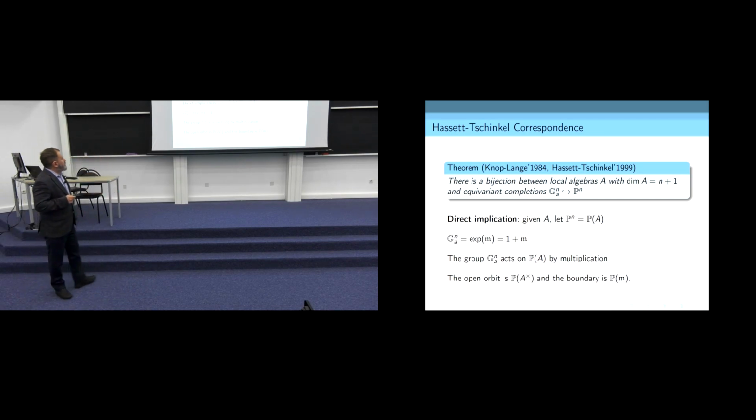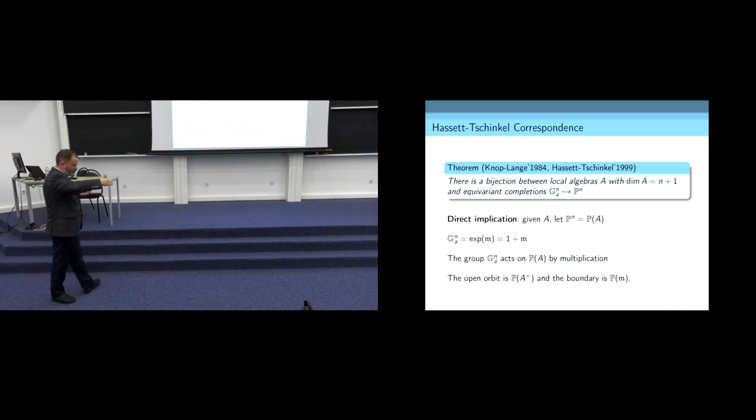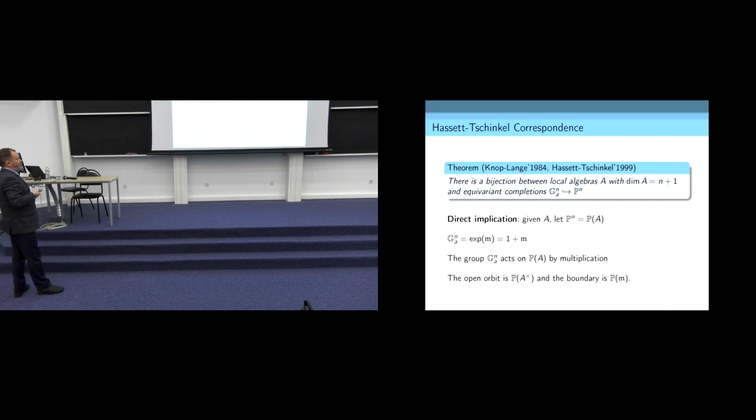And this correspondence is quite basic, so let me explain in one direction. If I have an algebra, how to construct an action. Just take projective space, the projectivization of this algebra. The group is just the exponent of the maximal ideal, so this is just your maximal ideal shifted by the unit. And this group acts on the projectivization just by left multiplication.